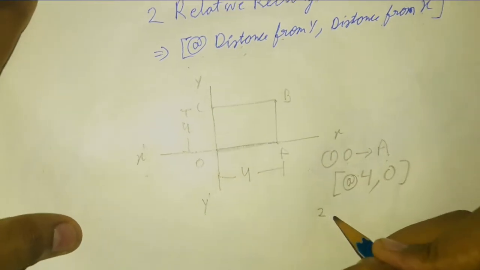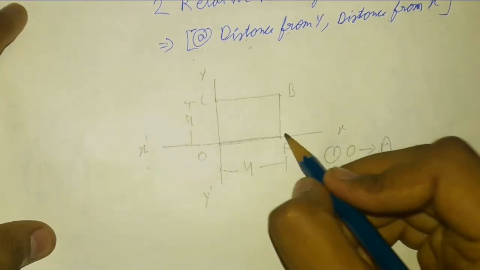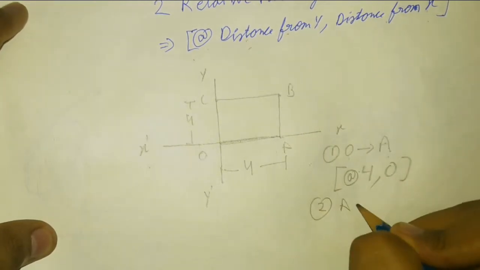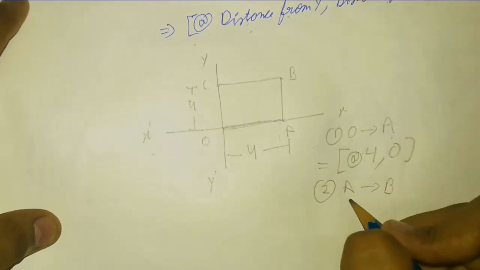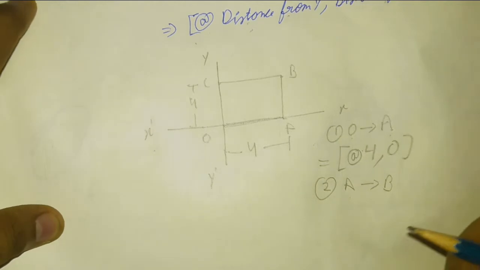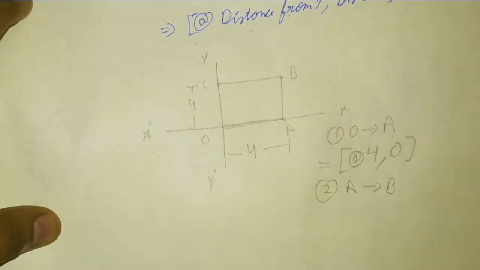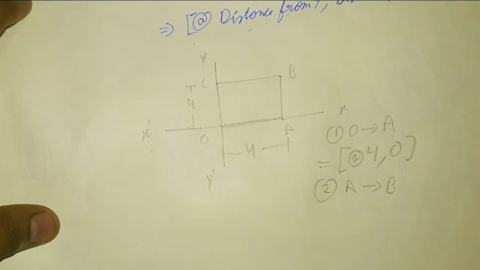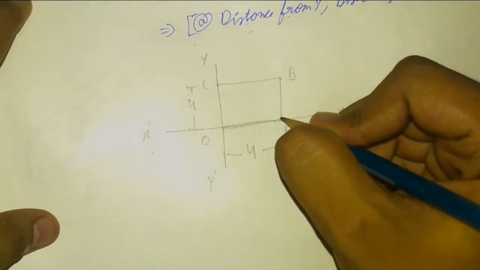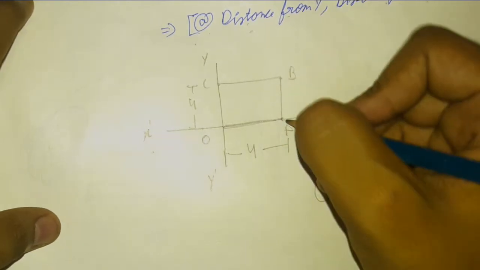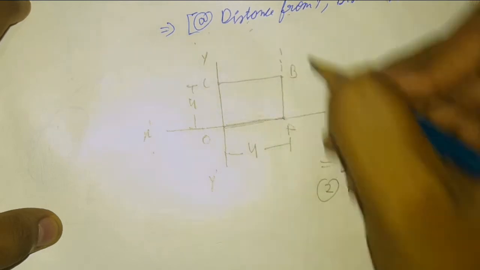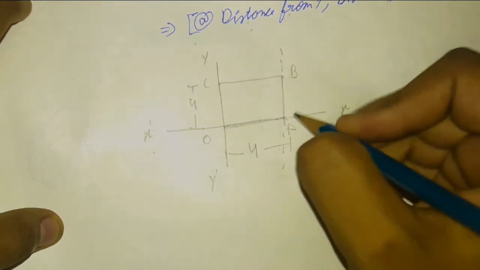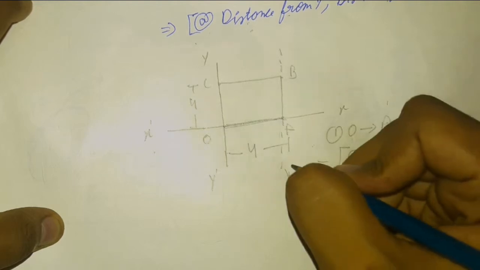Second one, A to B. As I told you, to find the coordinate we have to suppose the other point as our origin. So here, suppose this point is our origin. If it is an origin, then this is our x dash, y dash, y.